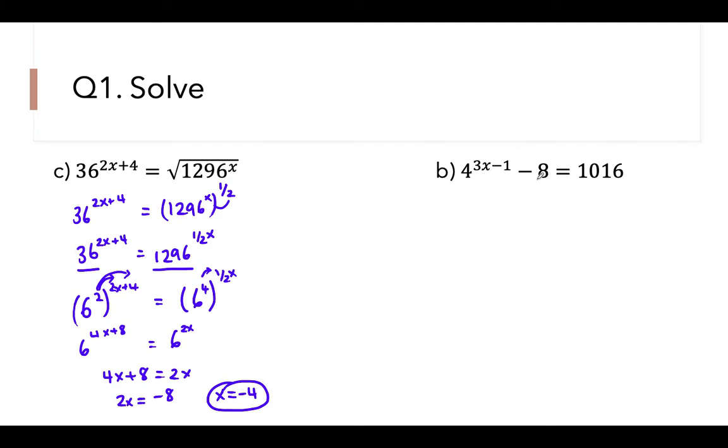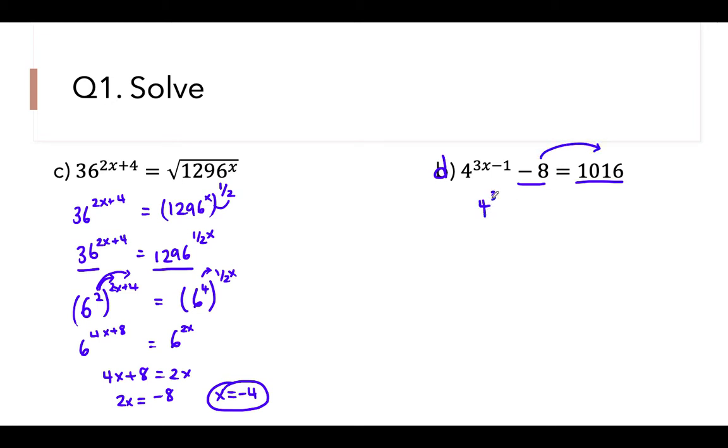Okay, now for letter D, I just see different terms. So first, I will collect the like terms. I have negative 8 and 1,016. So I'm going to move the negative to the other side.